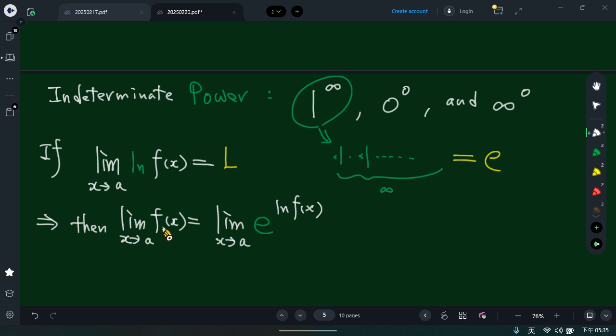Do you remember? We can convert this into e to the power of ln f of x.